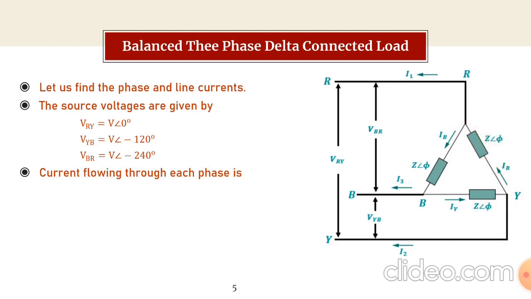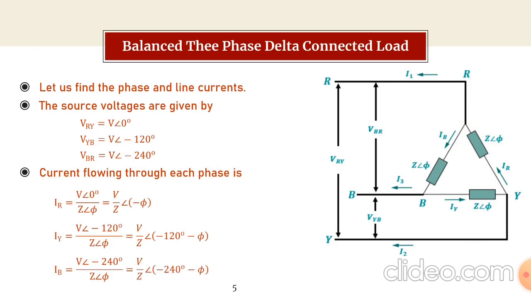Therefore IR is equal to V at an angle 0 divided by Z at an angle phi, and if you take this phi to the numerator, it will become minus phi. Similarly, you can write for IY and IB. So these are the phase currents in the three-phase delta connected load.